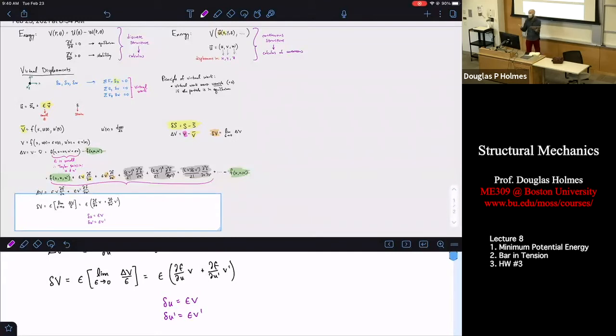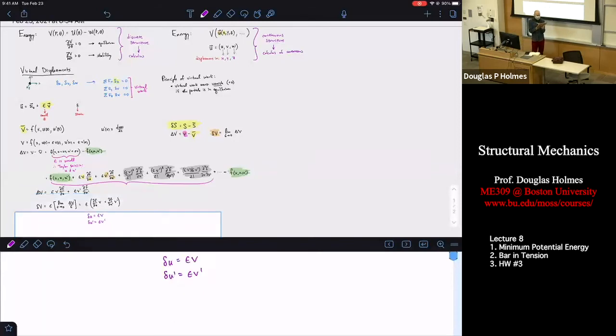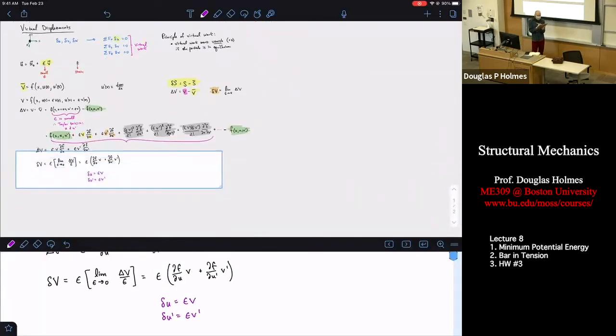You can imagine keep going. Delta U double prime would be epsilon V double prime. But the end result of all of this, using this, we can connect the dots here.